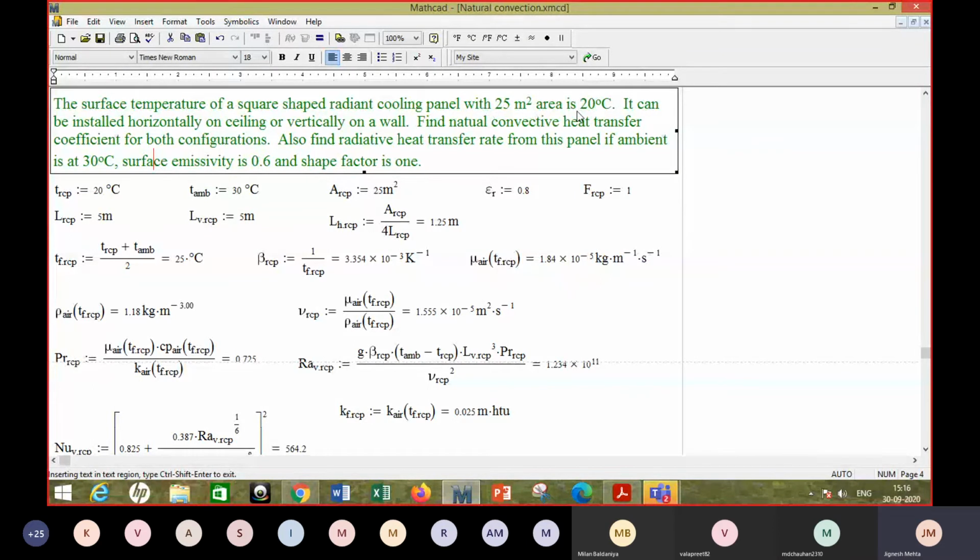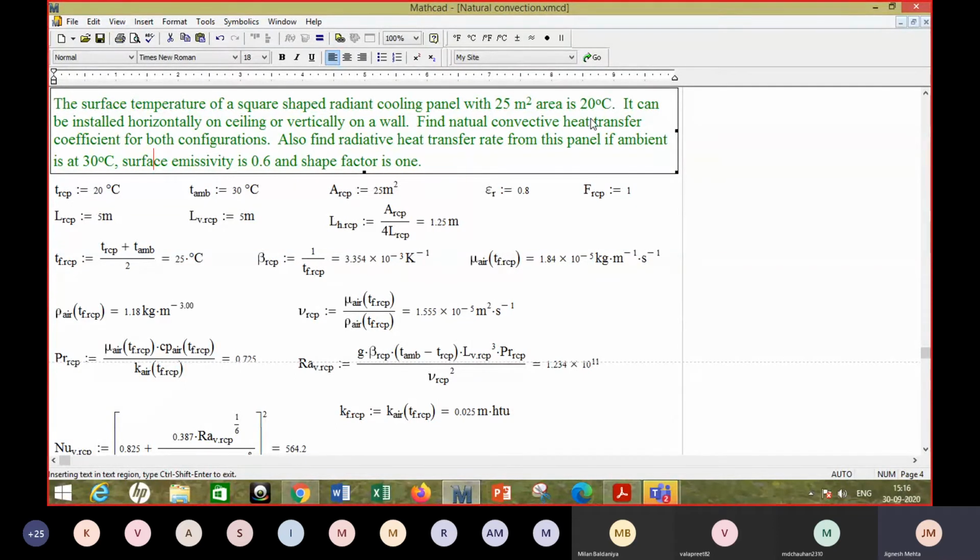Actually, this is one of the novel schemes of air conditioning where you don't have the indoor coil as in a split AC, but you have a big plate which is maintained at a low temperature. Because of this, by natural convection and also by radiation, the area is cooled, and the people are also cooled by heat being taken away from their bodies.